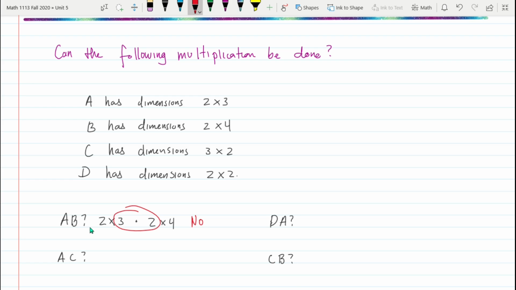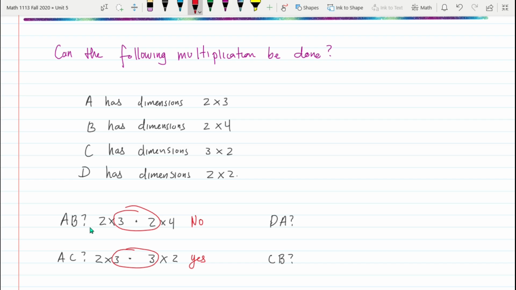What about A and C? Again, A has 2 by 3. C has 3 by 2. So I compare the two and I notice, hey, the inner dimensions are the same. So yes, I can carry out that product.